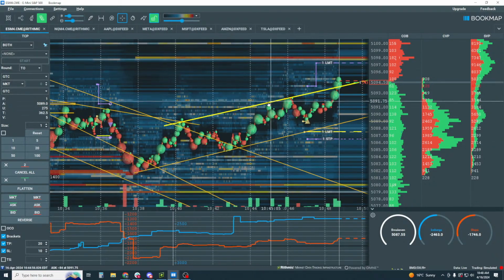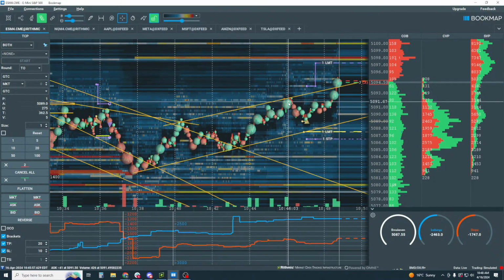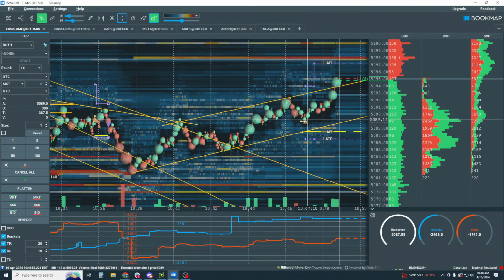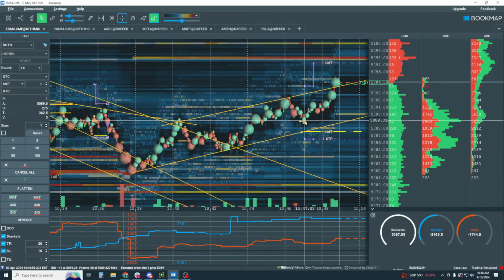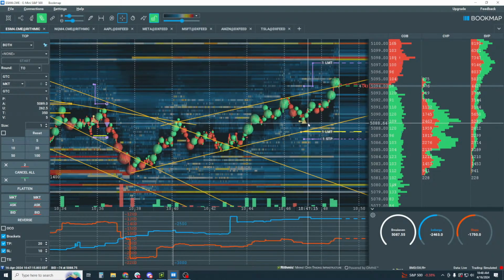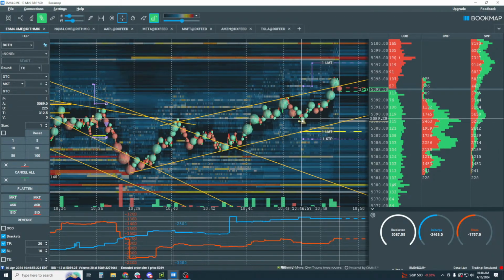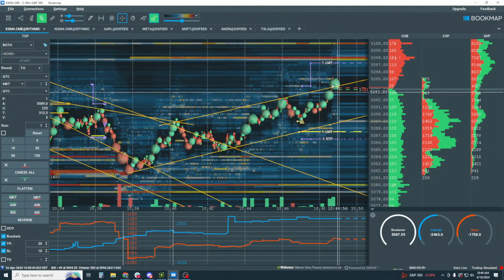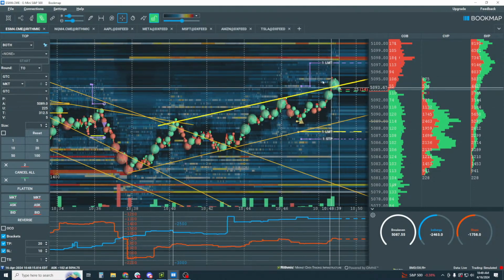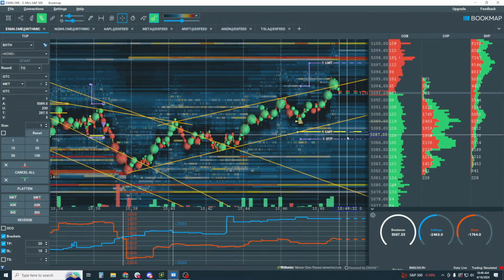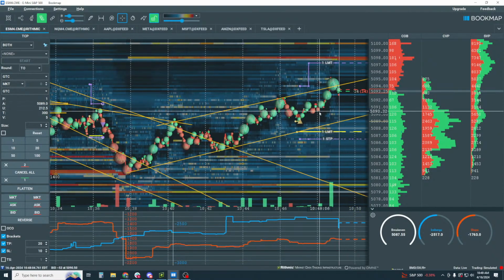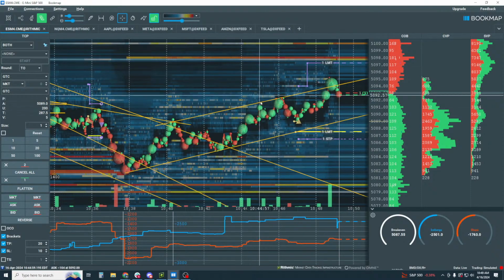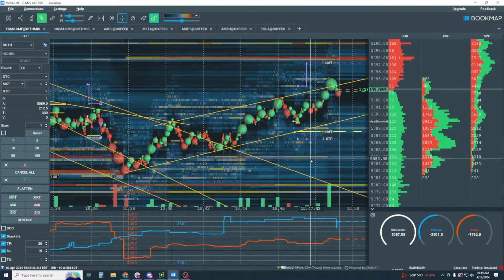We're starting to understand that looking for some little technical level in here and going, aha, I found it, I nailed it, is so rare. It just doesn't work like that. It is sloppy. It is a range. And we can anticipate that. And our trade management can be revolving around that as well.